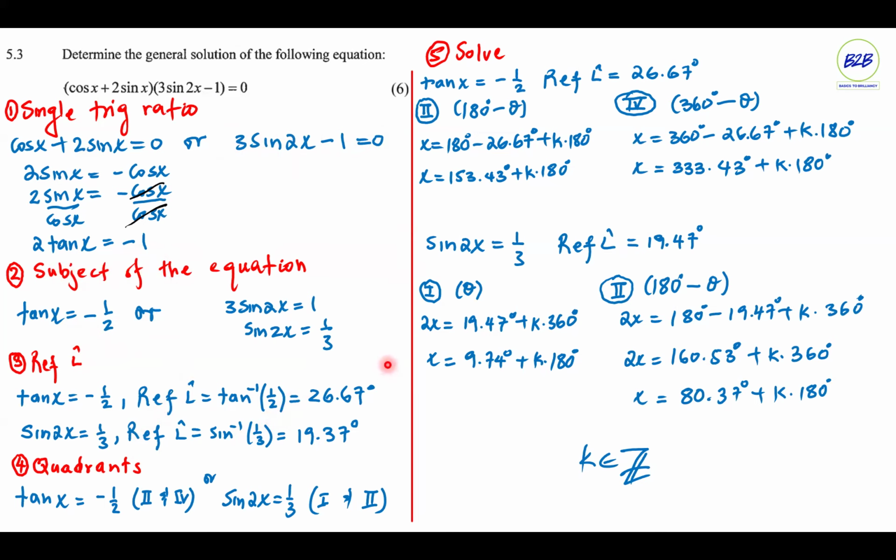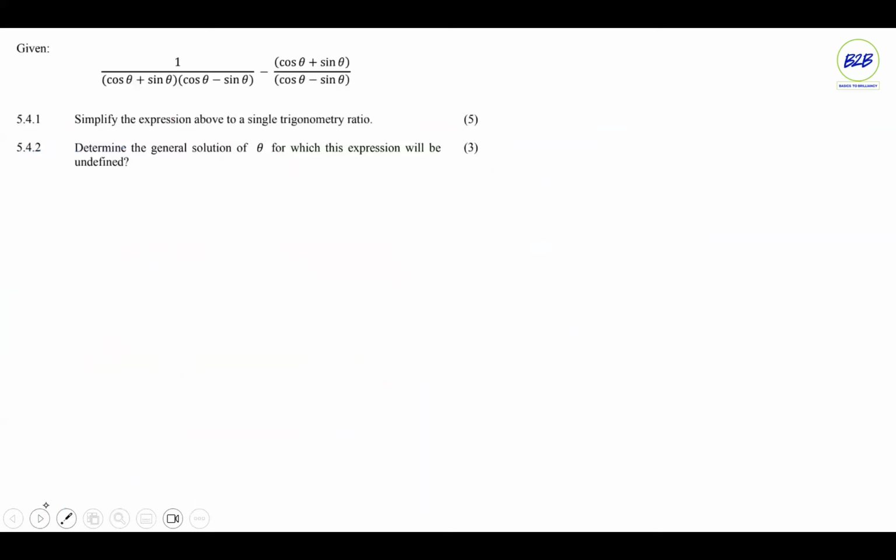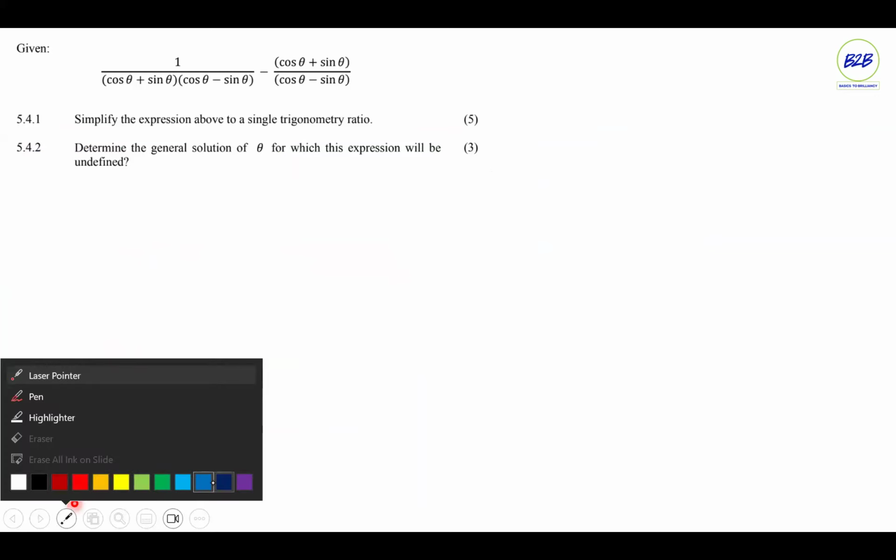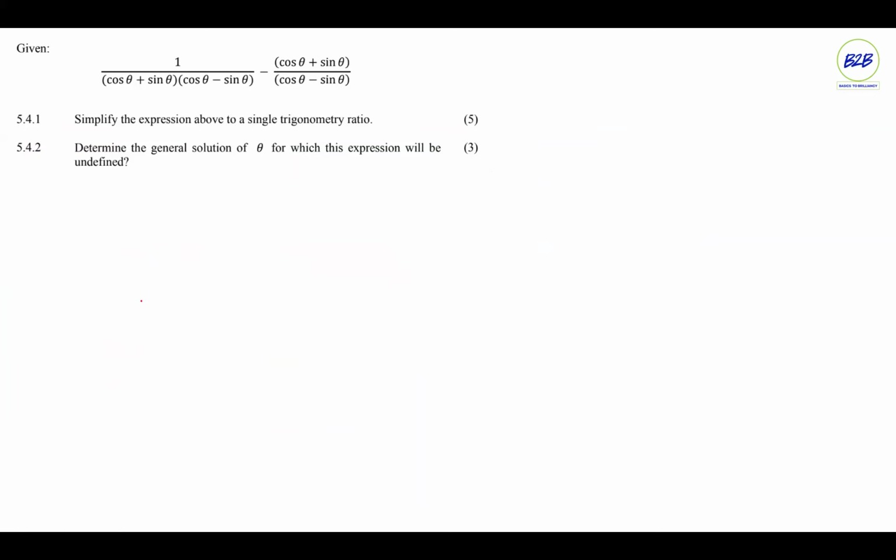All right. Let us then move into another problem. Now we unpack these kinds of questions. 5.4.1 is something that we are not going to do here in this episode.